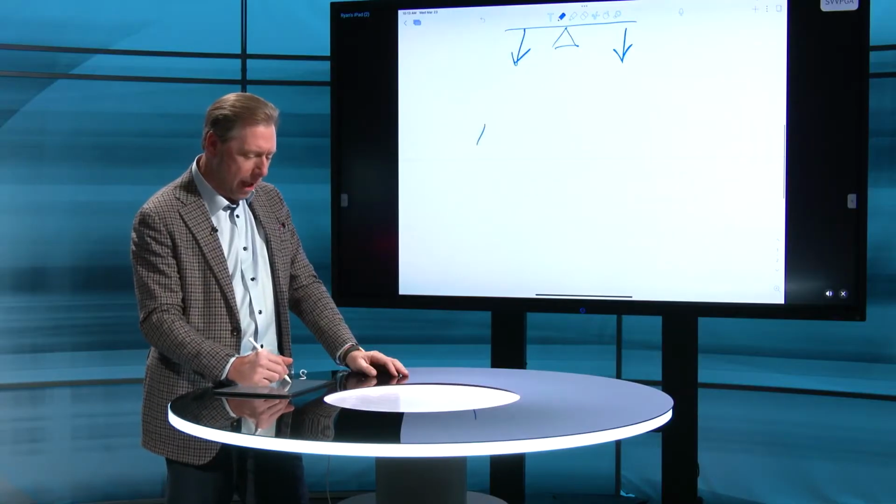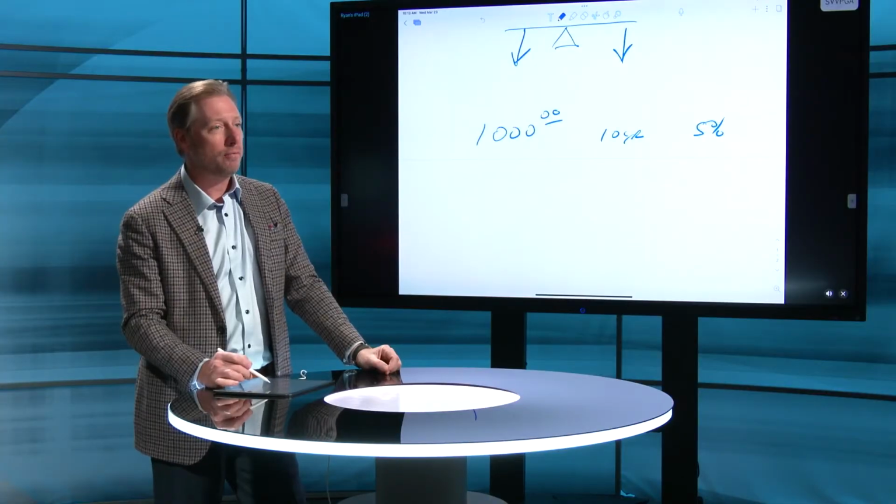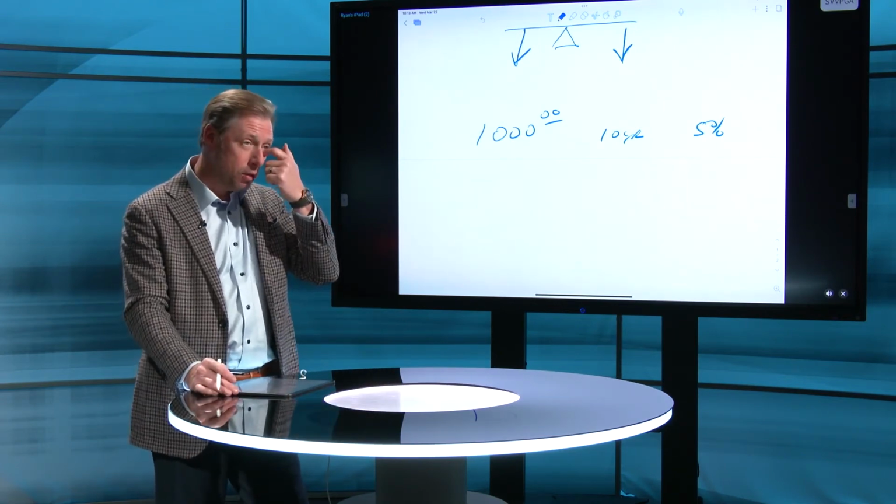You would put $1,000 into this bond, and maybe the bond has a 10-year term, and it has a 5% interest rate. What that means is when you buy that bond, you basically loaned Exxon your $1,000 for a period of 10 years. And in return, Exxon is going to pay you 5% per year on your money.